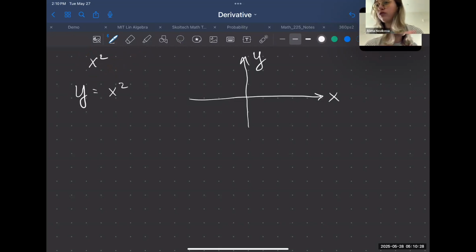You can choose any value for x. Let's say you choose 2. Then how do you get y from it? Well, looking at this relationship, we know that we have to square x. So 2 squared is 4. So when x is 2, y is 4, and so on. That is literally the definition of a function.